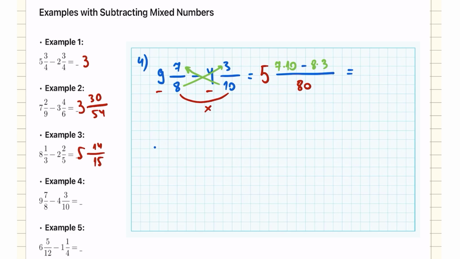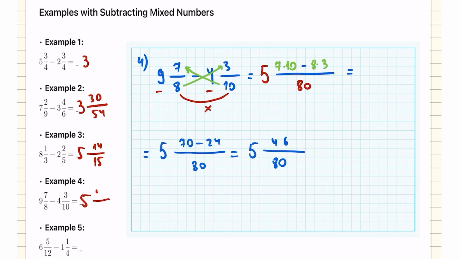Now we simplify, we get 5 as a whole number, 70 minus 24 over 80. Now we simplify even more, we get 46 over 80, and that's the answer, 5 and 46 over 80.